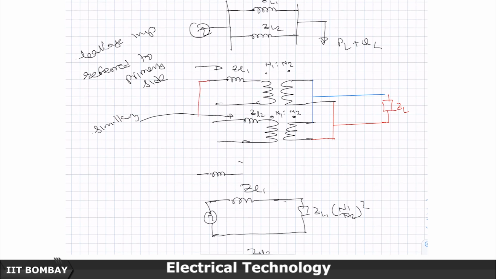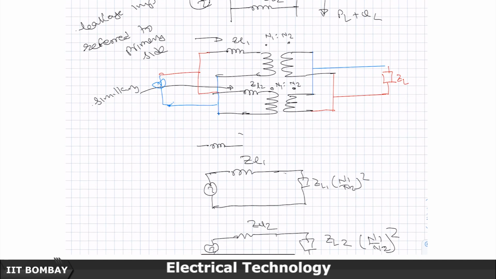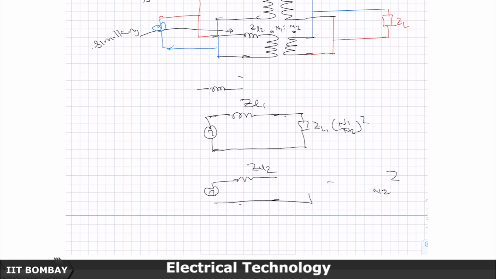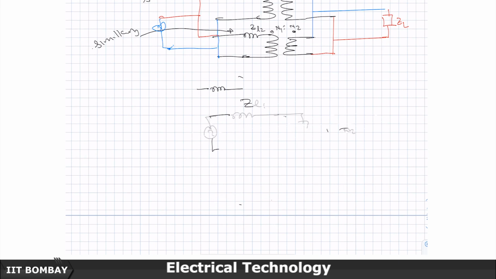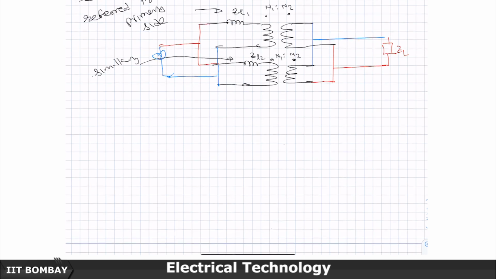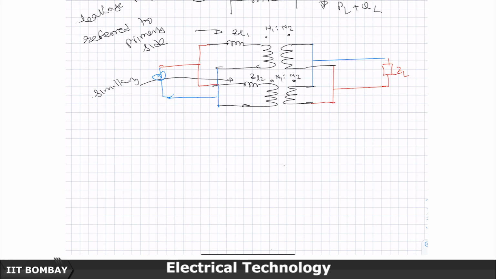This is actually what is done, not what I have shown here. Similarly, these two terminals will be connected together as 1, and the lower ones will be taken as 1, and this is how the parallel operation takes place.